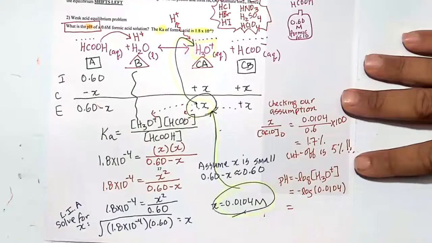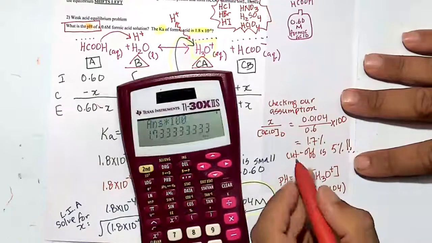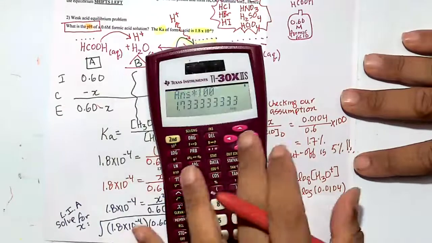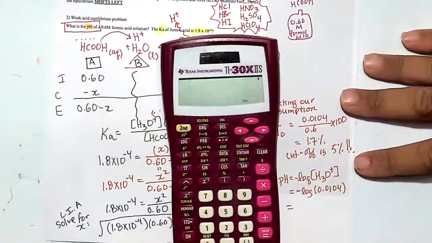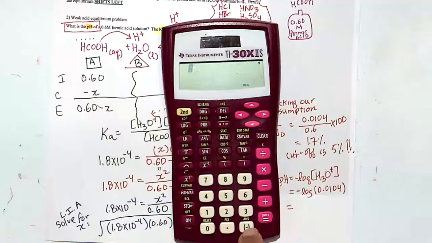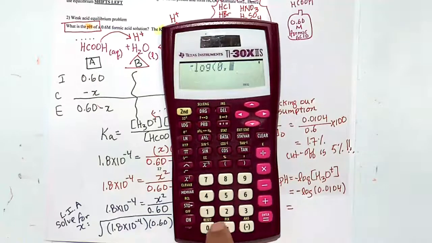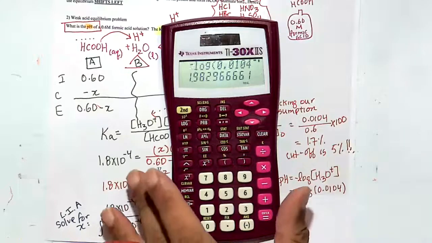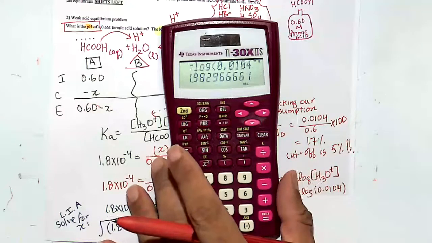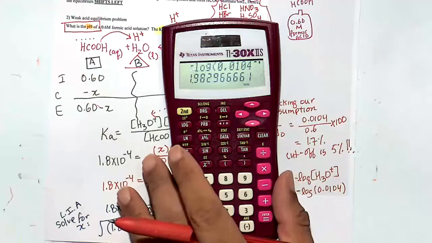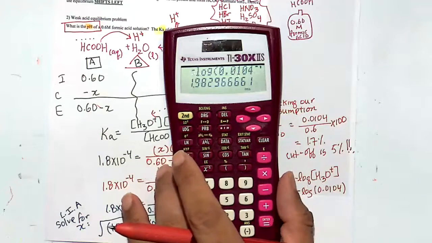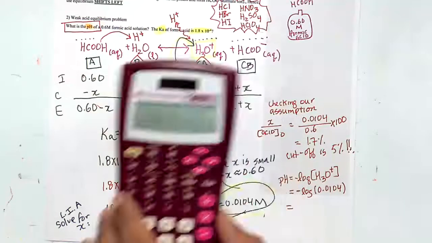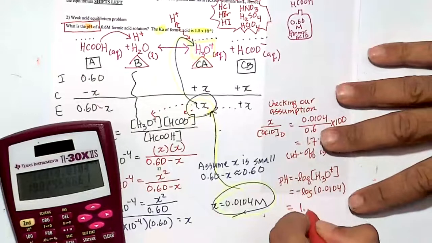So what's minus the log of 0.0104? On the calculator: minus log, 0.0104, close the parentheses. 1.98 is the answer I'm getting. And that should be our answer.